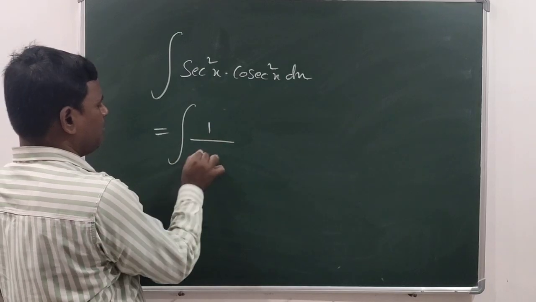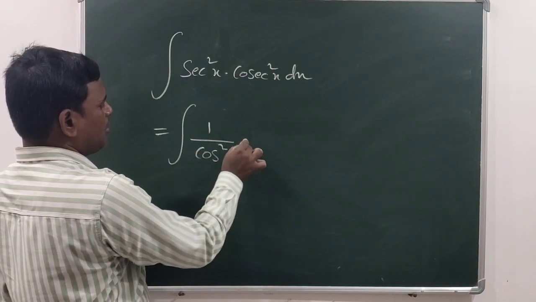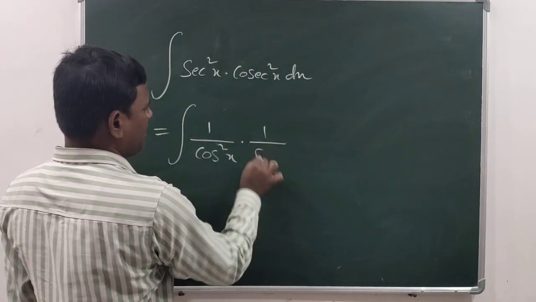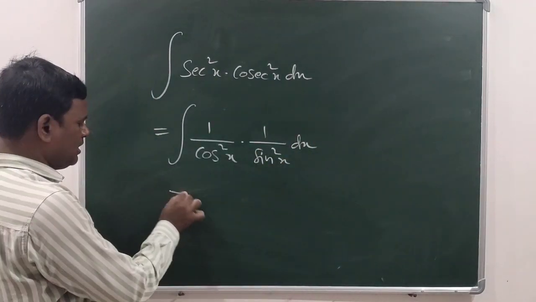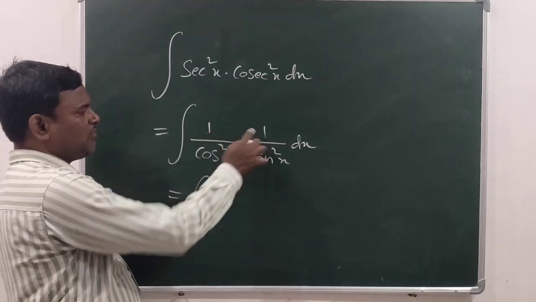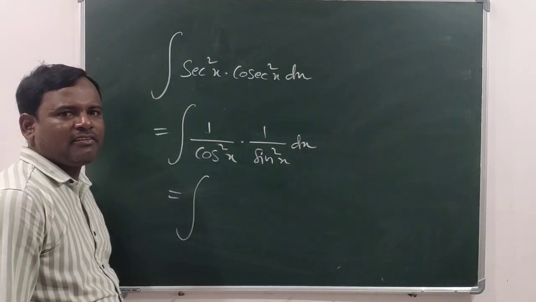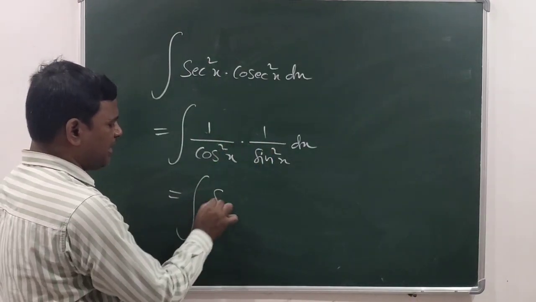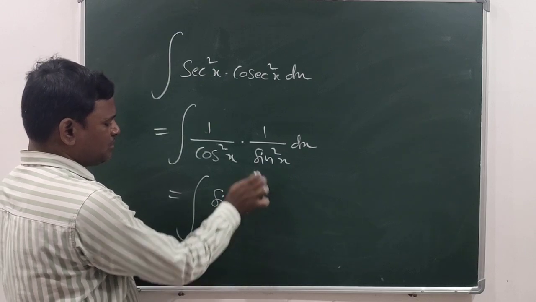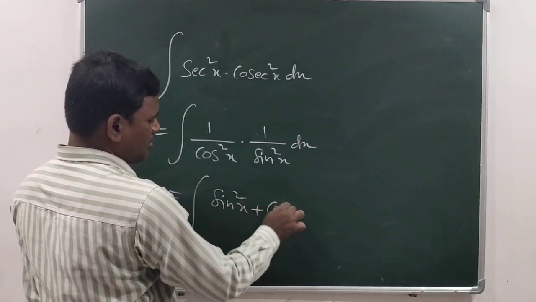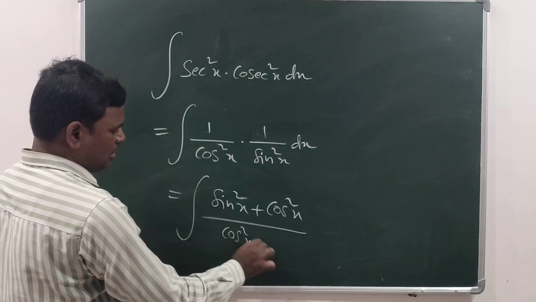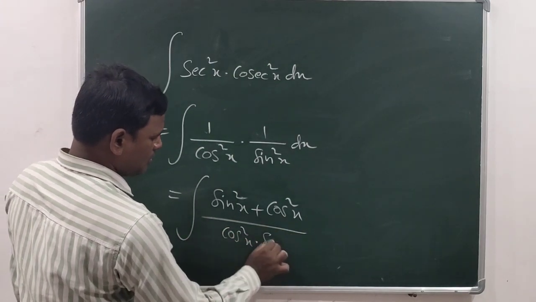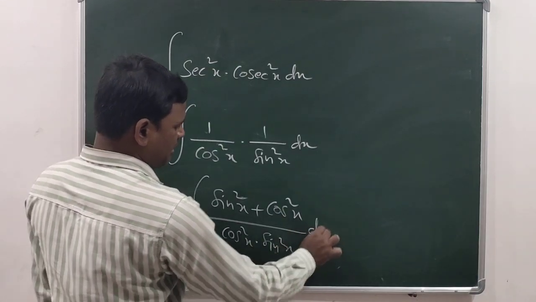This can be written as 1 by cos square x, and 1 by sin square x dx. In the next step, in the place of the numerator, what is there? 1. So now it can be written as sin square x plus cos square x whole by cos square x into sin square x dx.